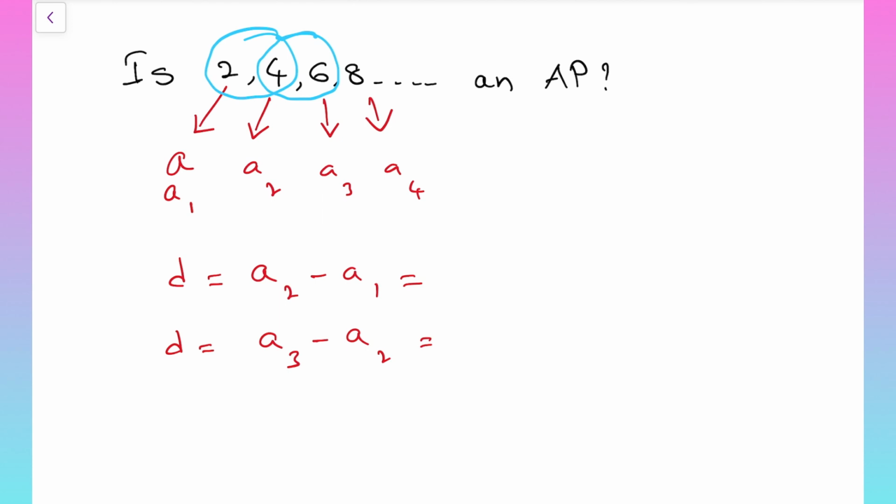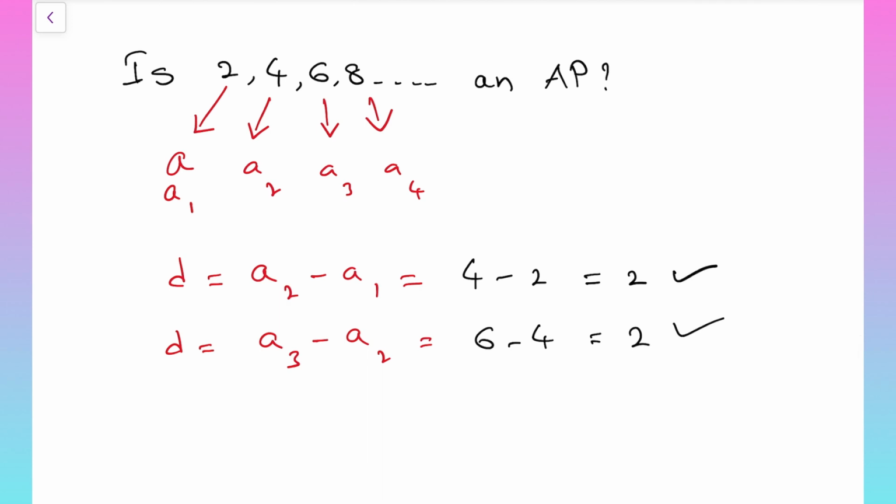Let us check once. Here, what is A2? 4, minus A1, 2. 4 minus 2 is 2. Then A3, 6, minus A2, 4. 6 minus 4 is 2. Here the difference in both cases is the same. So, as the common difference is the same, it is an AP.